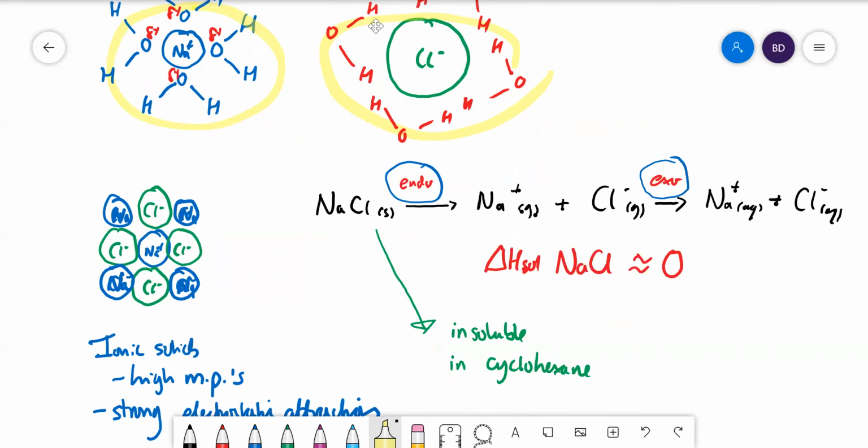Right, now we need to think about how we're going to calculate delta H sol, and we'll use sodium chloride as the example. We're going to do a little Hess's law triangle for that. I'm going to start off with gaseous ions on this side here.